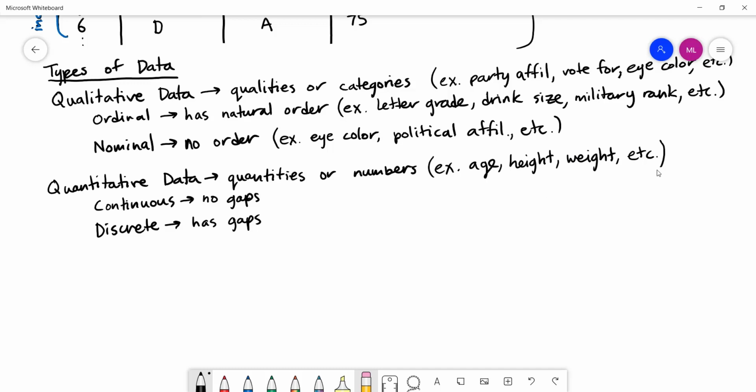So what do I mean by that? If we're talking about what is your exact height, we're going to need to include all those decimals. Maybe you are 68.237948 whatever inches tall. If we care about all those decimals, we're treating it as continuous, and that's the way that we actually grow, right?